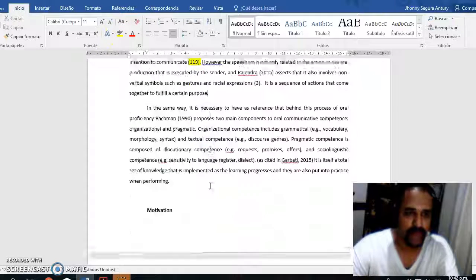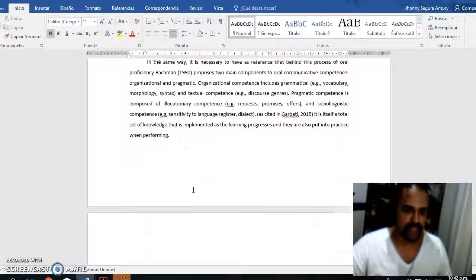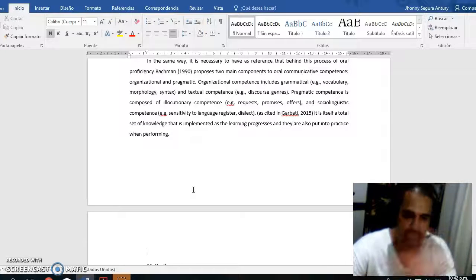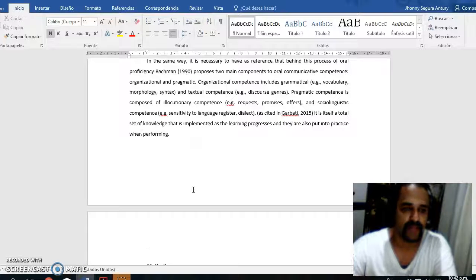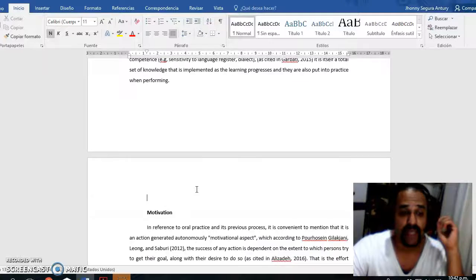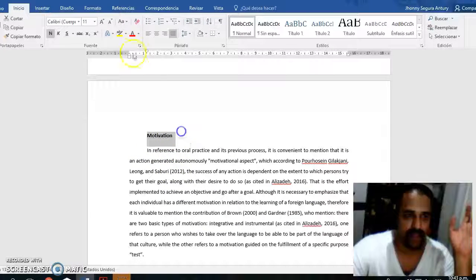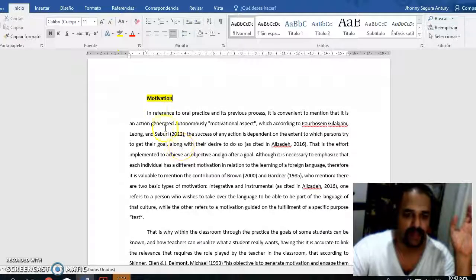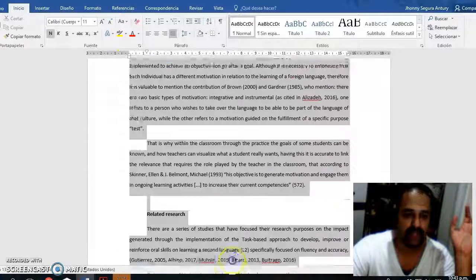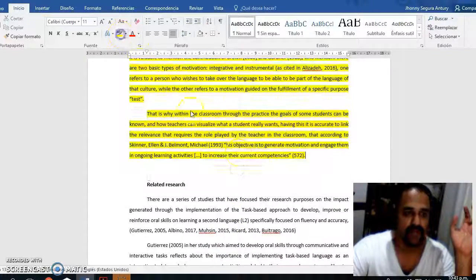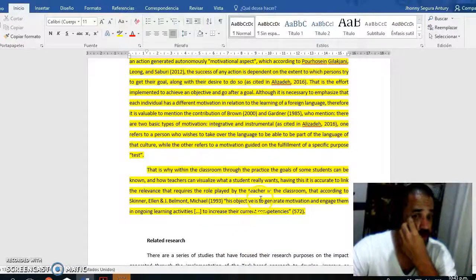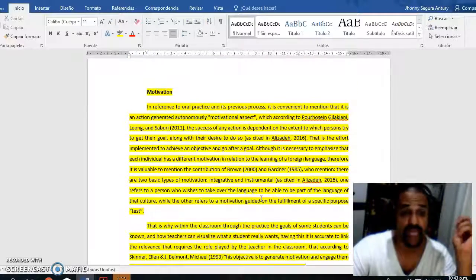Good. I like that you are really writing those definitions. I think we have that done. I'm very satisfied with what I can tell. Just double check the writing. Motivation is not necessary. I think this is not a concept that you should be writing down here. Why? Because if you get into the motivation issue, that means it's something you're going to measure in your study, and you're not doing that.